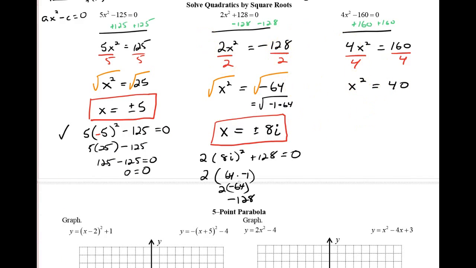Alright, and so now we square root both sides. And so we get x equals plus or minus. So this, if you do the birthday cake method, so just as a review, we take the 40.